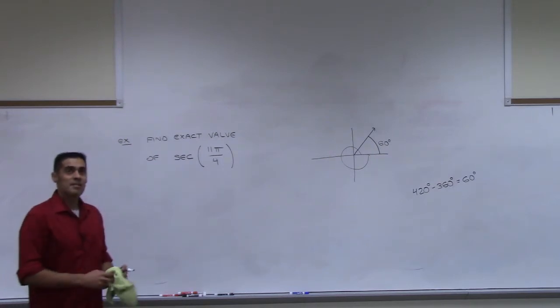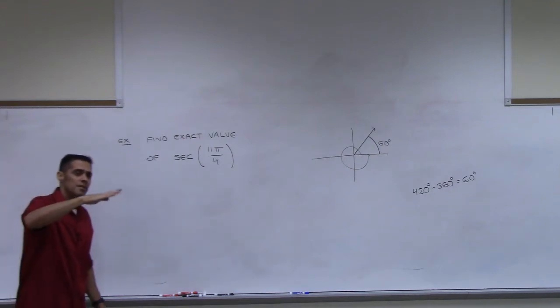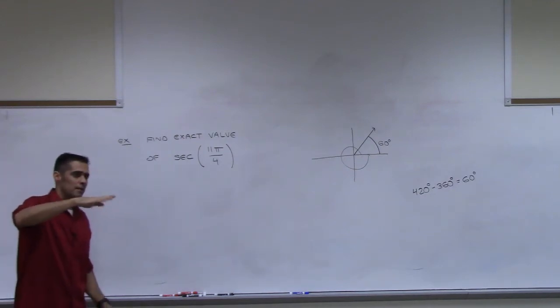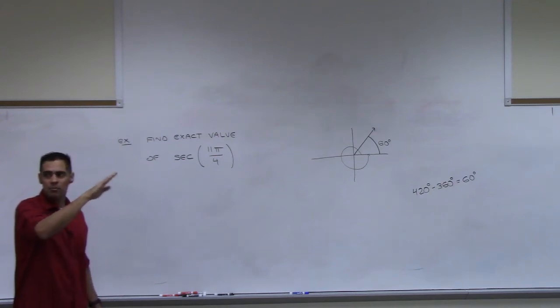Now, I said you needed to memorize these common angles, right? 11 pi over 4 is not a common angle that you had to memorize. You were supposed to memorize 30, 60, and 45. Those were the ones. So we need to figure out if this angle terminates at one of those common angles.